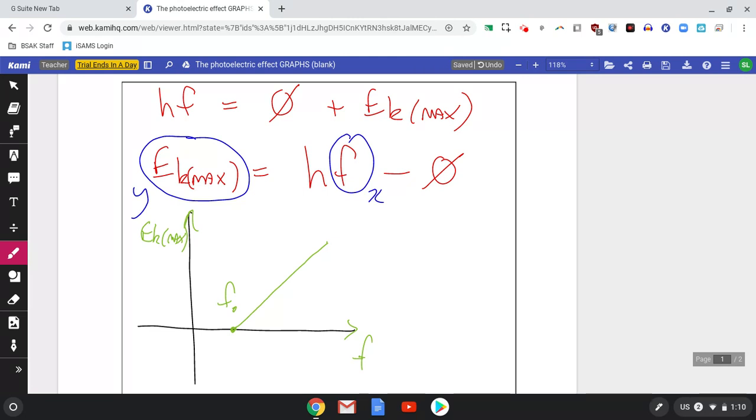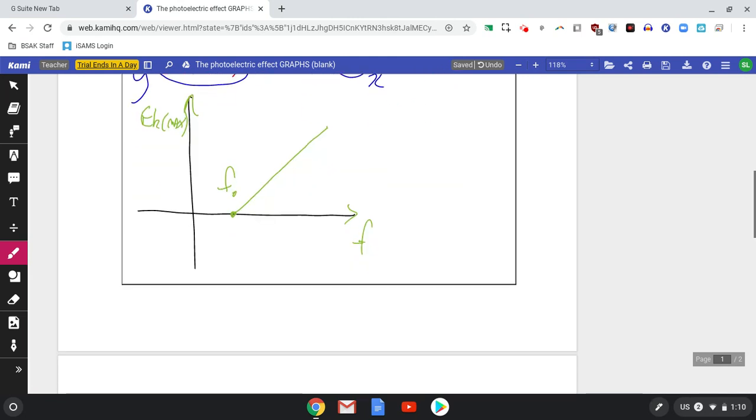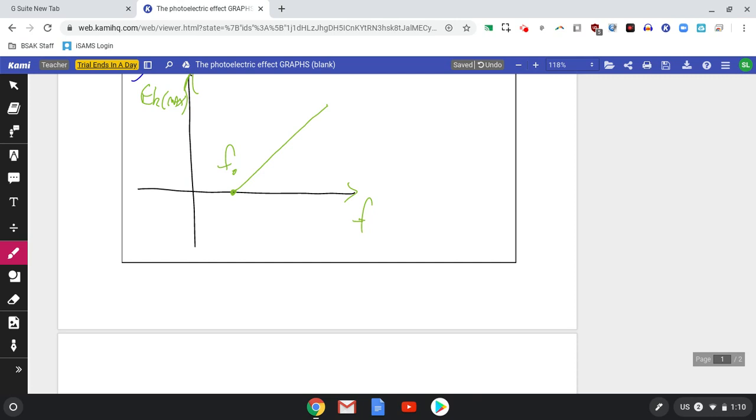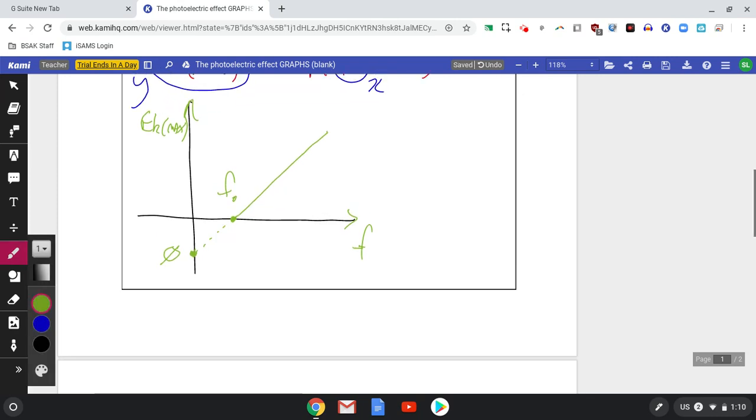Now, when you draw this graph, you usually have a dotted line because you can't have negative kinetic energies, can you? So that's a dotted line, but mathematically, where it cuts the y-axis, the kinetic energy axis, that's our value of work function phi.